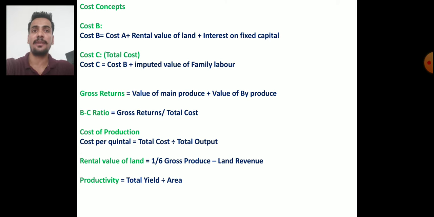What is cost B? Cost B is cost A plus rental value of land plus interest on fixed capital.